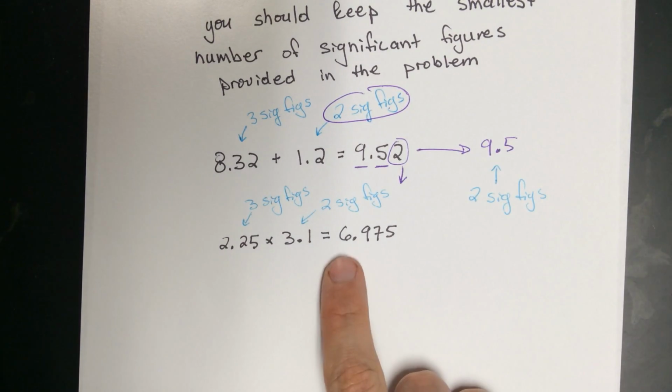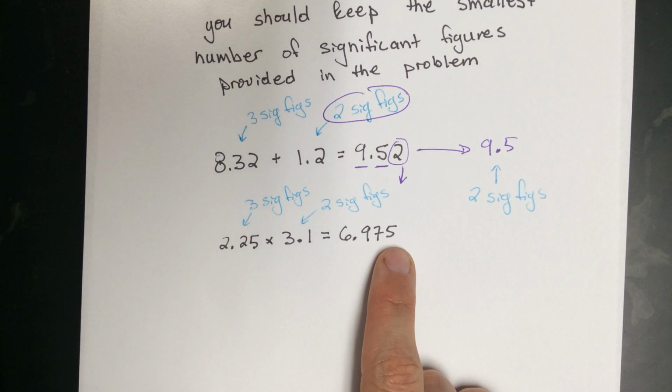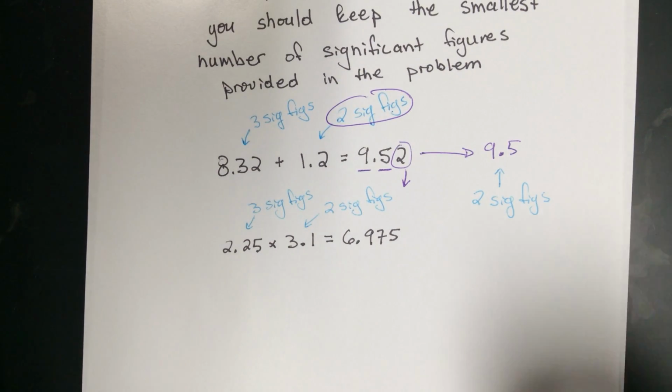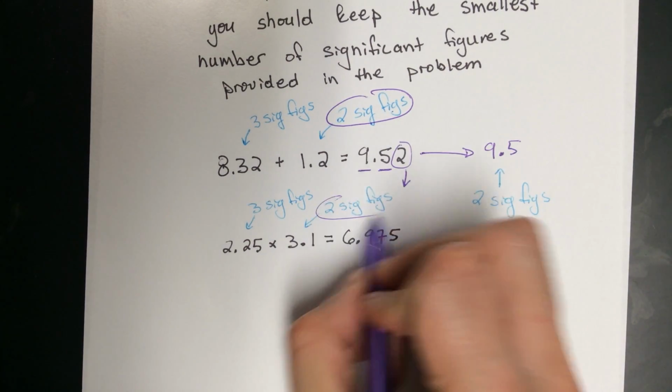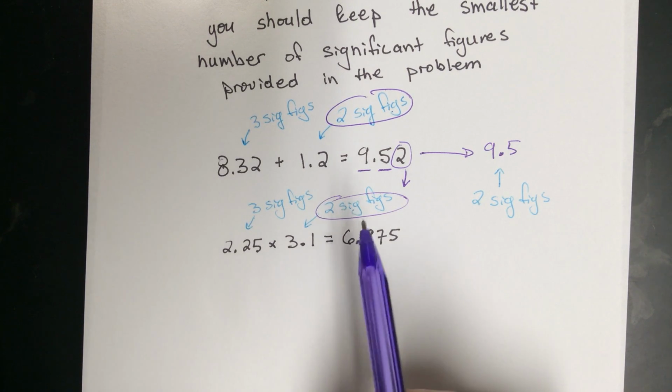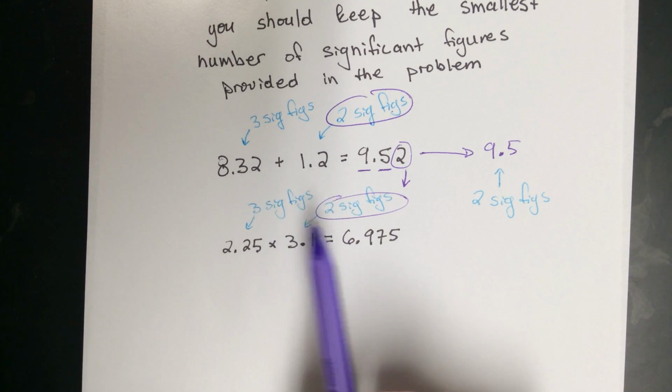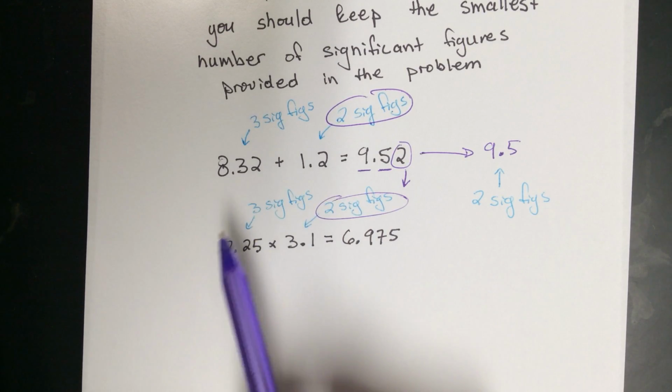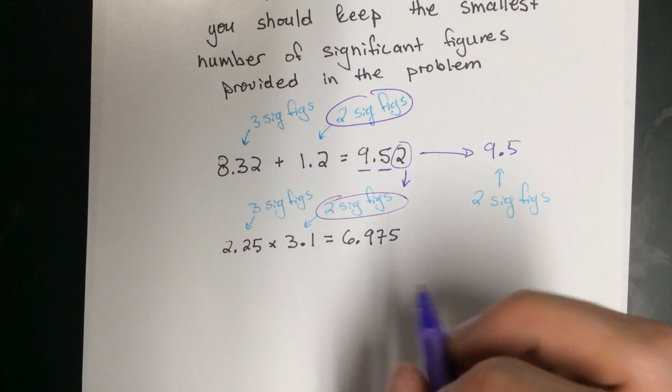Our answer currently has 4 significant figures, so we really need to round it. Again, we're only allowed to have 2 significant figures because that is the smallest number of significant figures that we were provided in the problem.